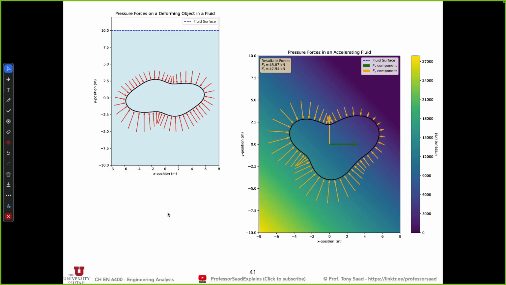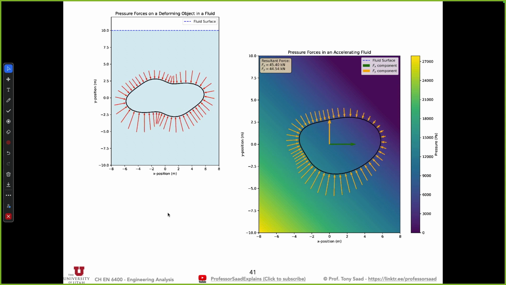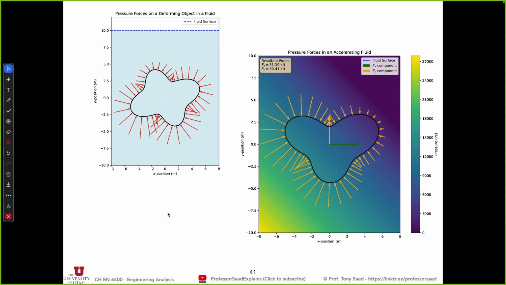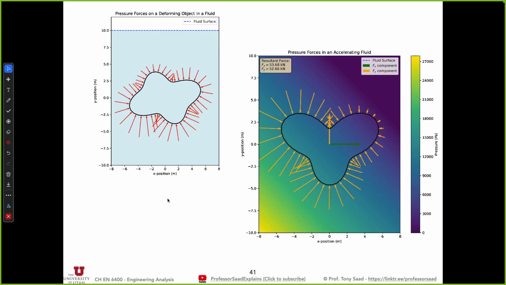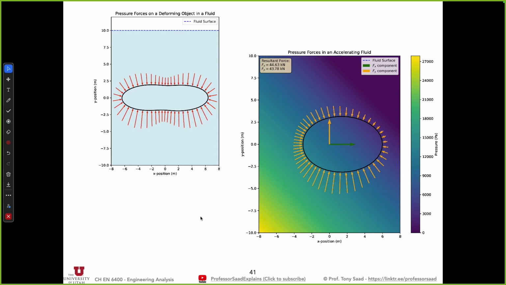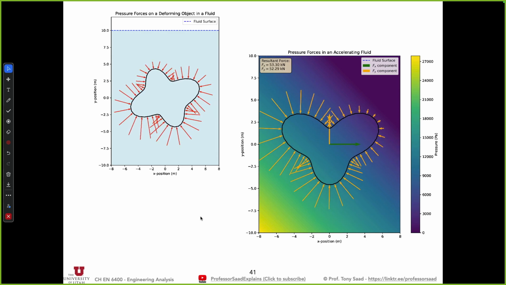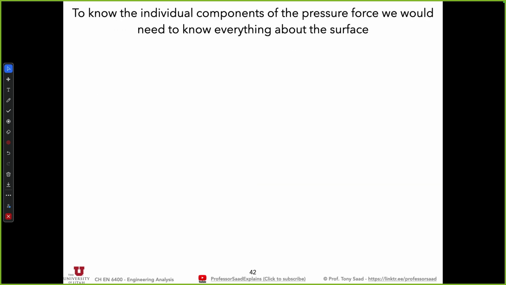You would know the pressure field, you would know the unit normals, which is the hardest part, and then you would need to know everything about the surface so you can compute that pressure force. In both of these cases, the resultant force is a pressure vector. It's going to determine where that object is going to move.